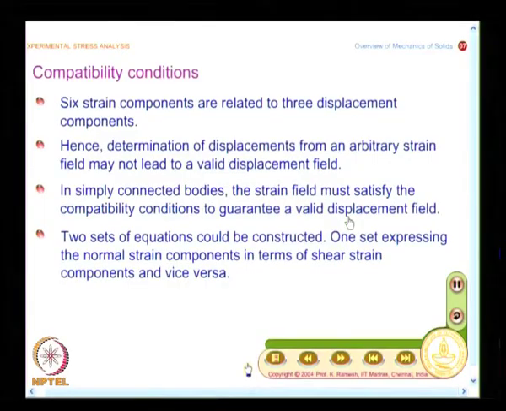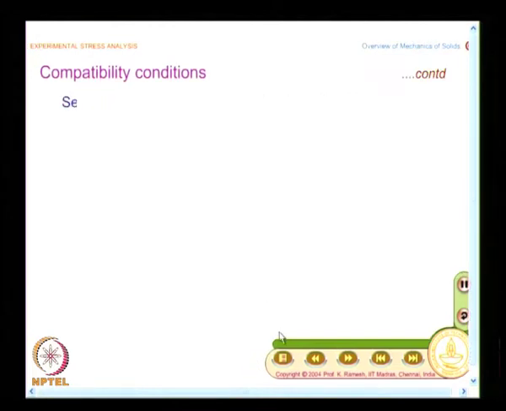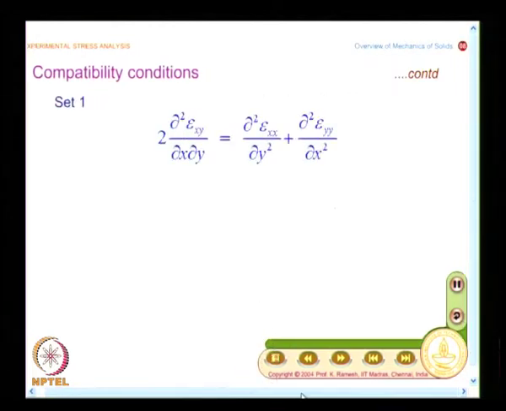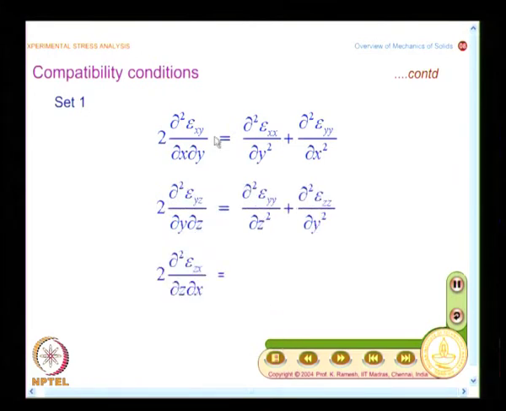And what you see here, 2 sets of equations could be constructed. One set expressing the normal strain components in terms of shear strain components and vice versa. And the equations appear like this. So, when I relate the normal strain components to shear strain component, you have it like this. On the left hand side you have only shear strain components, on the right hand side you have the normal strain components.